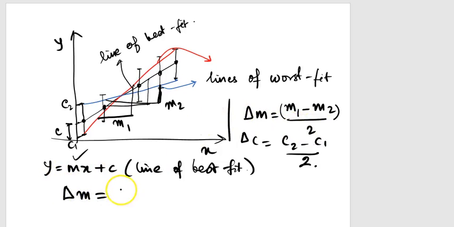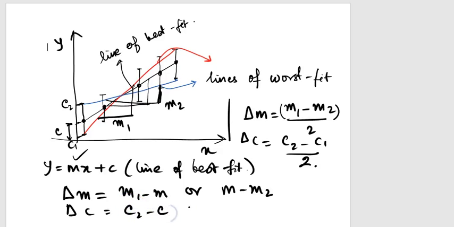So delta M can also be given as M1 minus M or M minus M2, and delta C can also be given as C2 minus C or C minus C1. So you can do with one line of worst fit and the line of best fit. All right. And just figure out the uncertainties in the gradient and the intercept based on that.